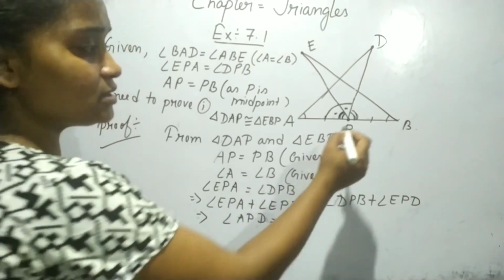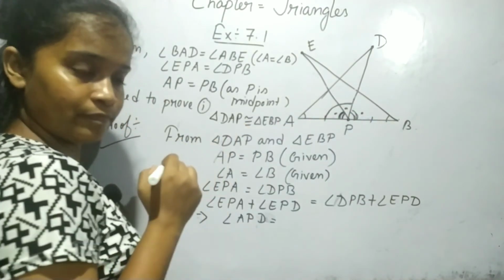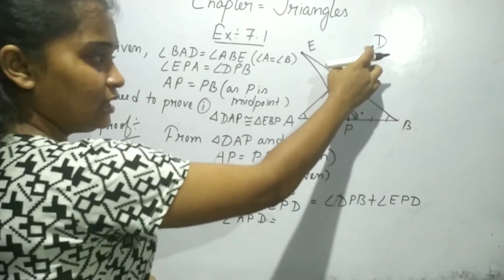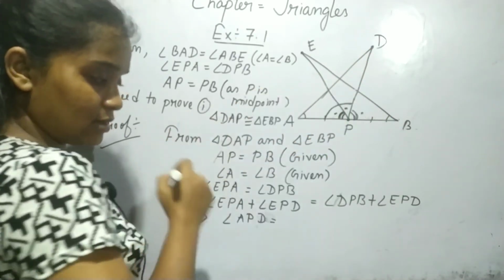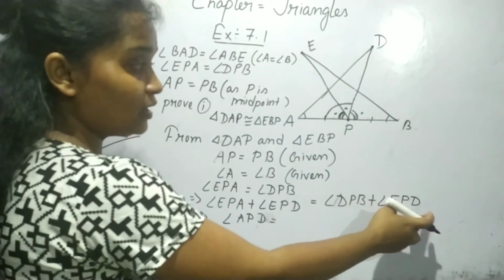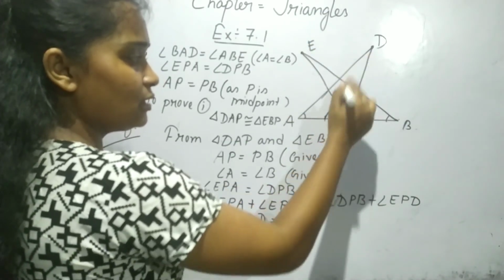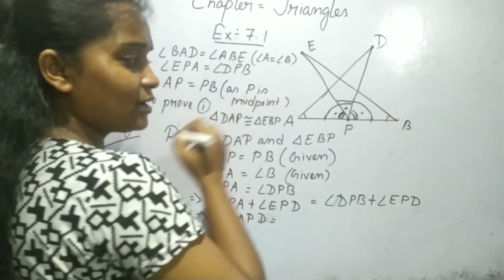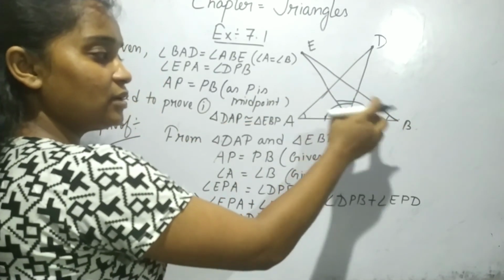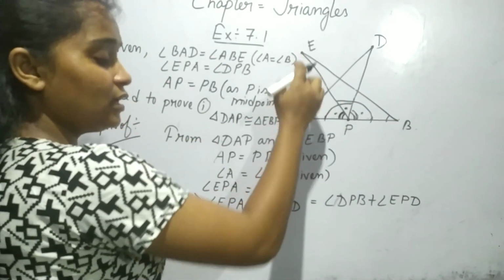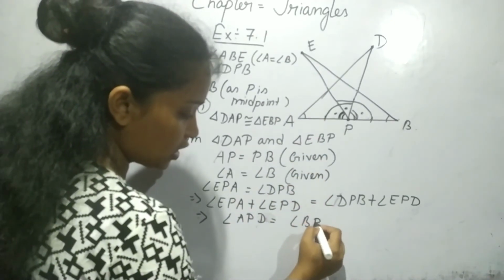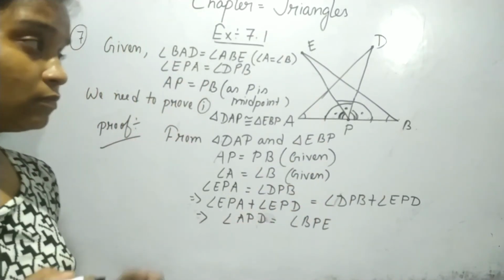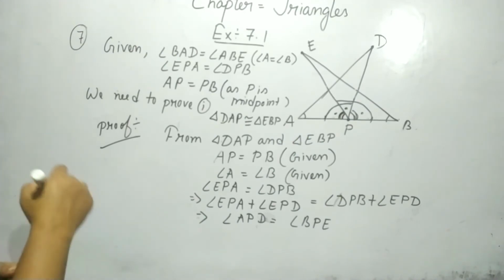Now DPB means this angle, and another one is EPD, that means this angle. That means this and this you need to take completely. So this complete angle's name is what? BPE. Okay, over.